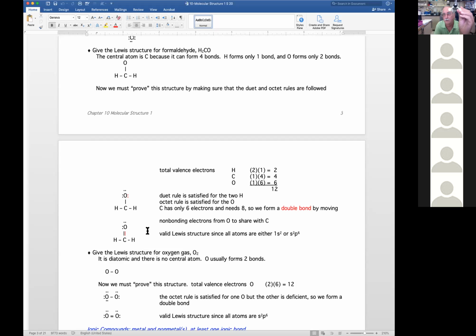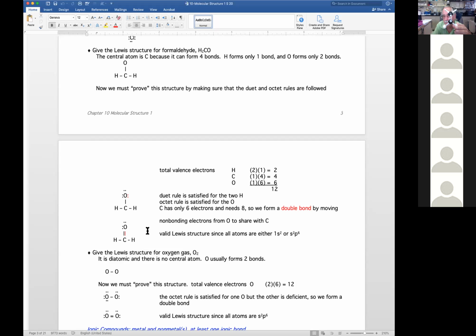So here's a three-dimensional model representation of that formaldehyde. So here's the carbon, here's the oxygen. So I got 2, 4, 6, 8 electrons around the oxygen, 2, 4, 6, 8 electrons around the carbon.